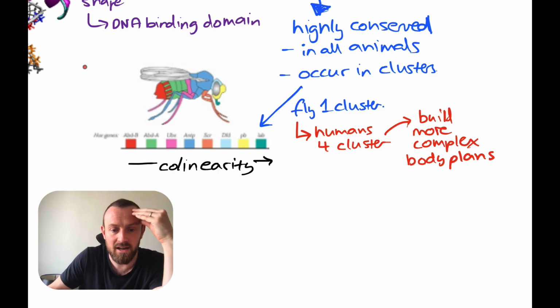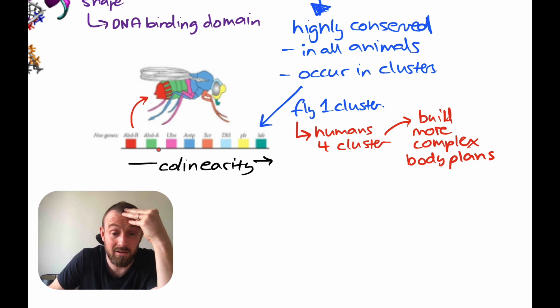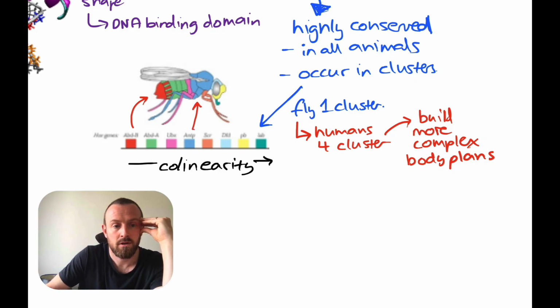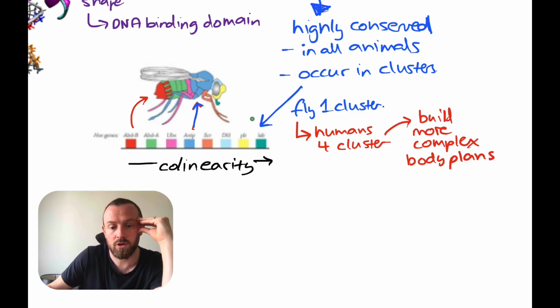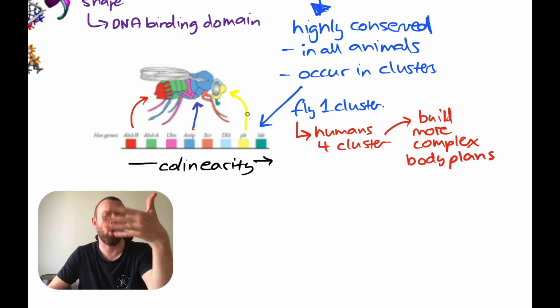So like the red gene here, this first Hox gene, controls the development of the fly's butt, and this green bit controls the development of this abdomen here, and this blue bit controls the development of the thorax and wings here, and so on. So the sequence of the genes on the chromosome is often directly linked to the sequence of body parts in the organism.